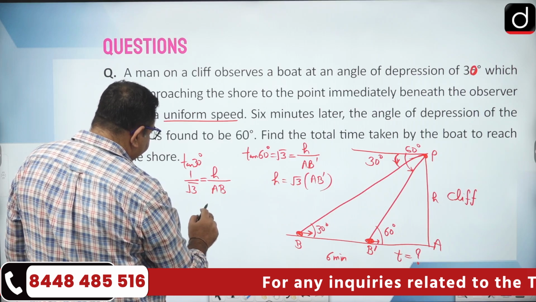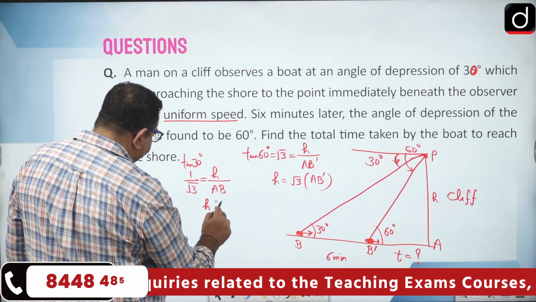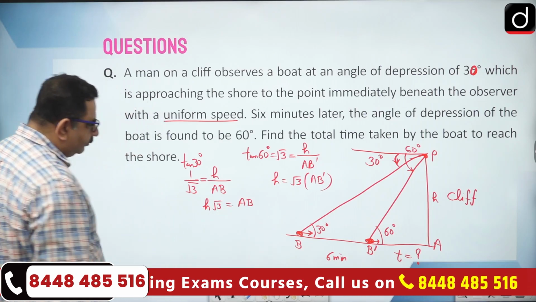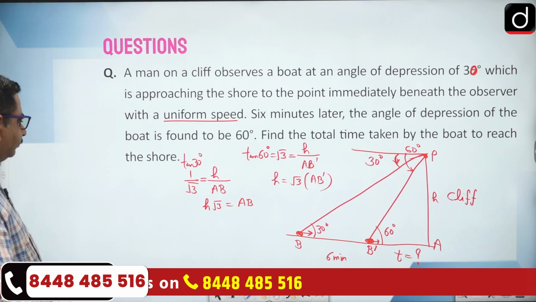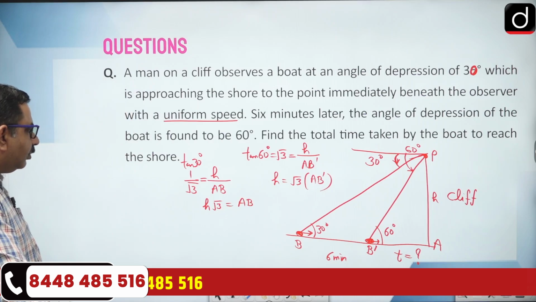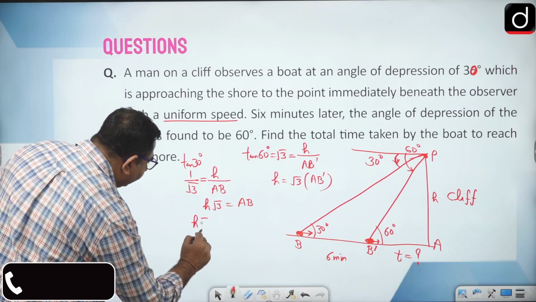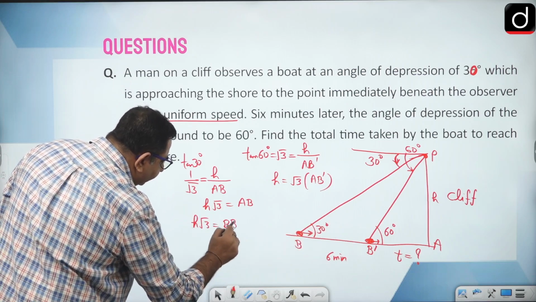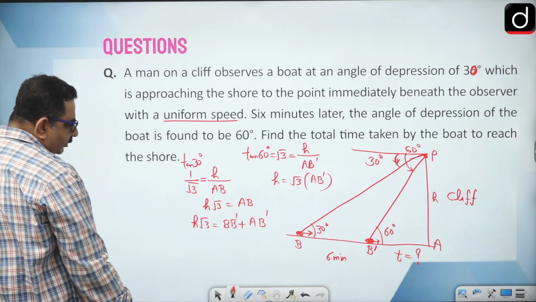So from here, h root 3 is equal to AB, right? Now AB I can write as BB dash plus AB dash, right?